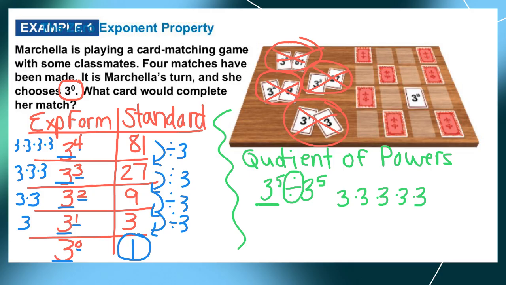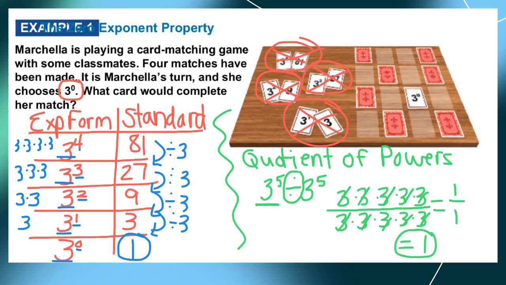My divided by sign becomes a fraction bar. And 3, 2, 3, 4, 5 of those. If I start to cancel, cancel, cancel, cancel, cancel. But if you remember, I have to have a placeholder, and it's not a 0. Anytime I take 3 divided by 3, it's actually 1. And usually 1 times whatever is itself. But if everything is canceled, it's going to be 1 on top and 1 on the bottom, which just equals 1. Which makes sense, because if I go back here, something divided by itself is 1.